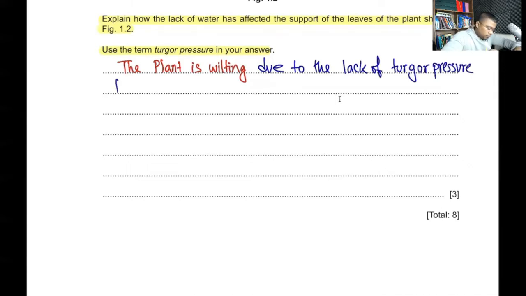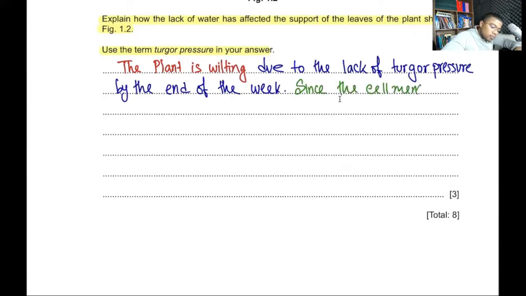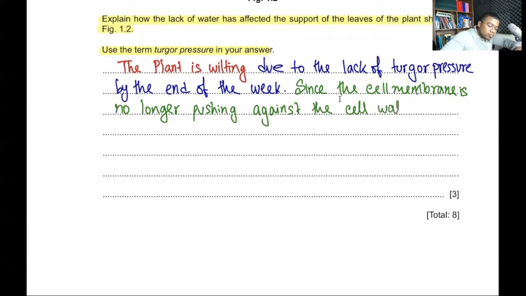By the end of the week, the cell membrane is no longer pushing against the cell wall. The cells are no longer turgid.